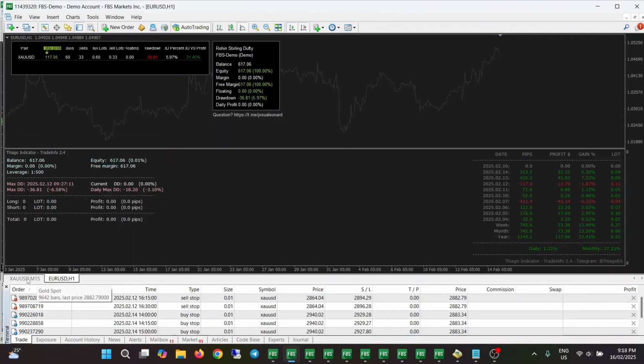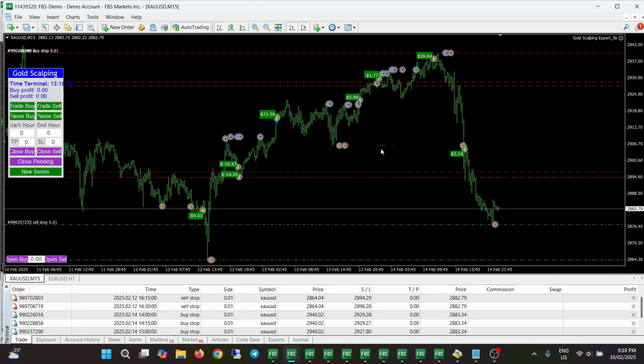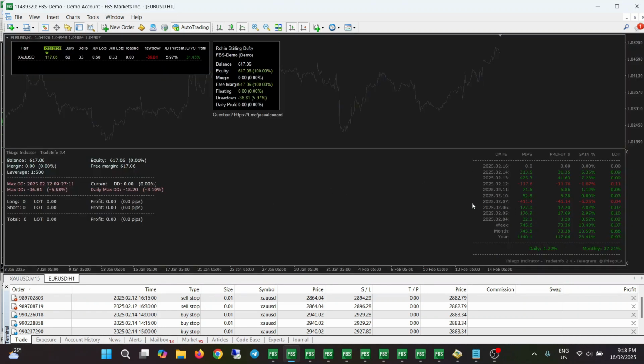Next we have Gold Scalping Expert. Now, yes, I do have a little bit to talk about with this. It has gone actually a lot better since I changed the settings. We can see here that it did have a loss this week, but it did end up with $73 in profit with a very, very small drawdown of $36 so far.